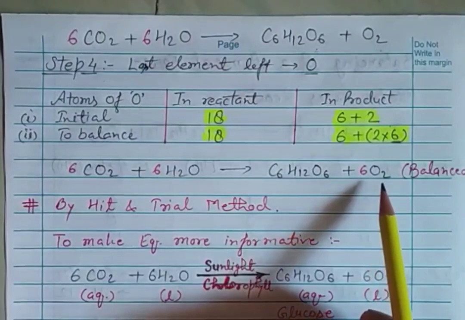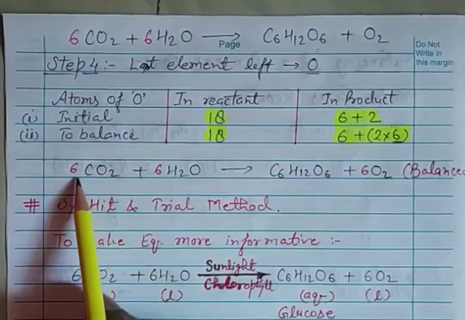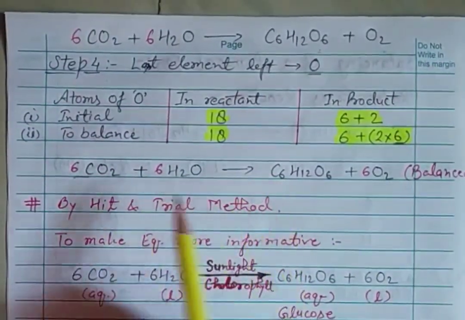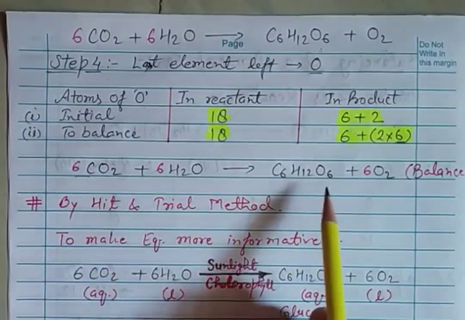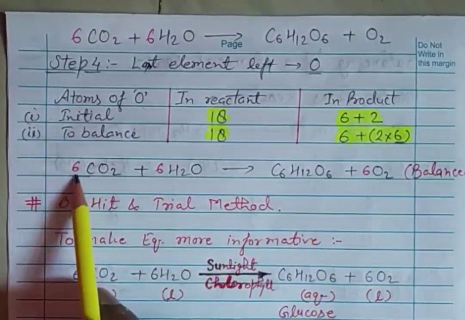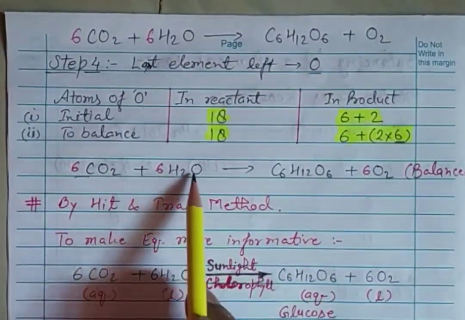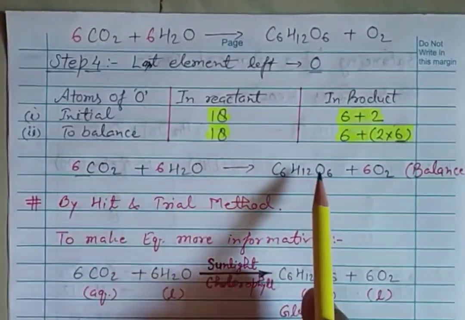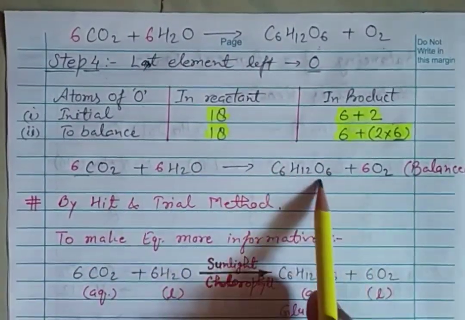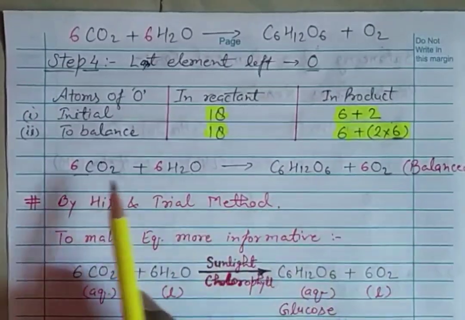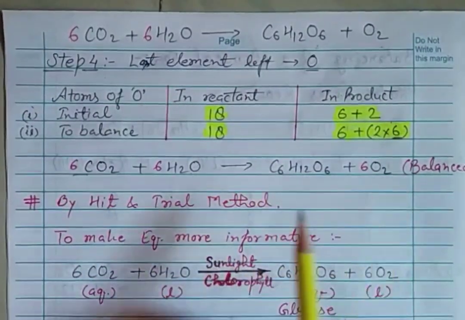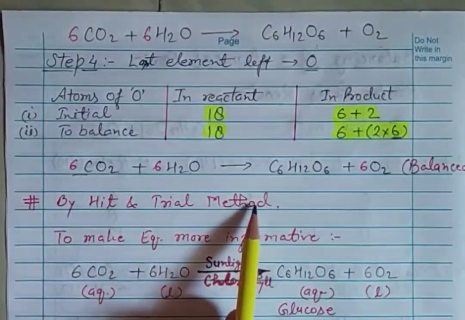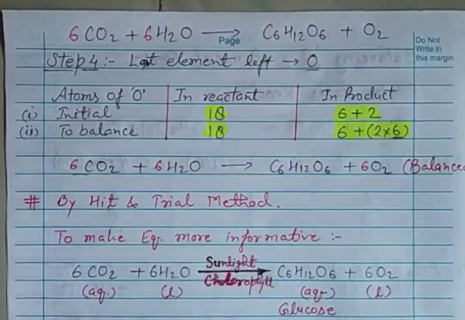So we write 6 here, and now carbon is 6, hydrogen is 12, oxygen is 12 plus 6, 18, and here 6 and 6 2s are 12, 6 plus 12, 18. So now this equation is balanced. In this way, by the hit and trial method, we can balance any chemical equation.